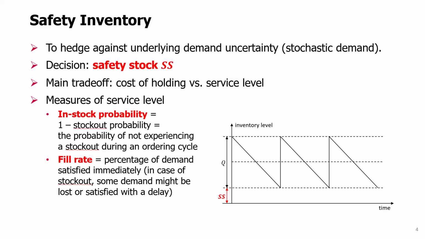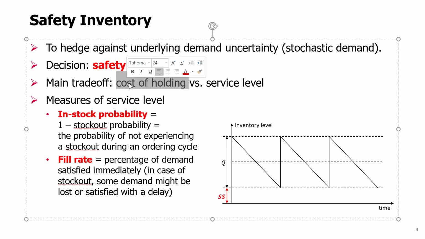And so we will introduce the safety stock, for which the symbol will be SS, right? The trade-off here is mainly that there's an extra cost of holding because the safety stock will be additional inventory, in addition to the cycle inventory that we have here, Q down to zero.